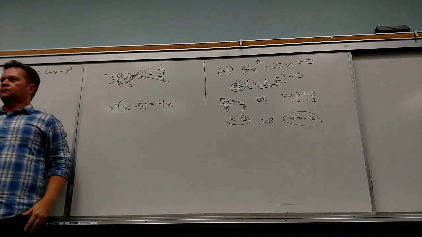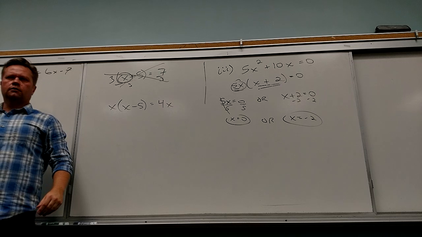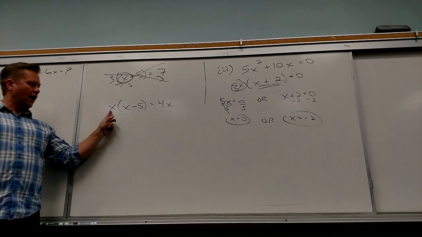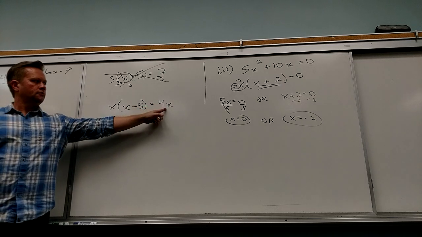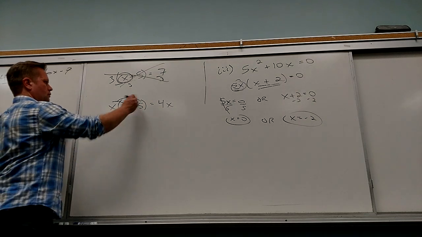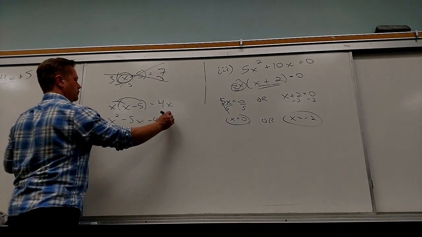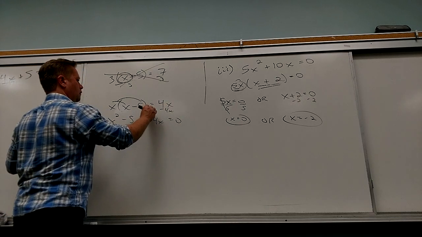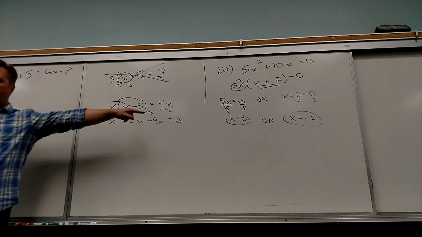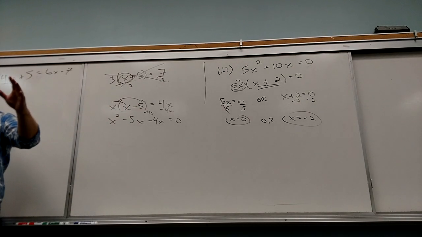A 0. You have to move 4x to the other side. So somebody factored this side before that side was 0. So I unfactor this side, and then I subtract the 4x over. Now I got it equal to 0, right? It's got to be equal to 0 for this whole thing to work.